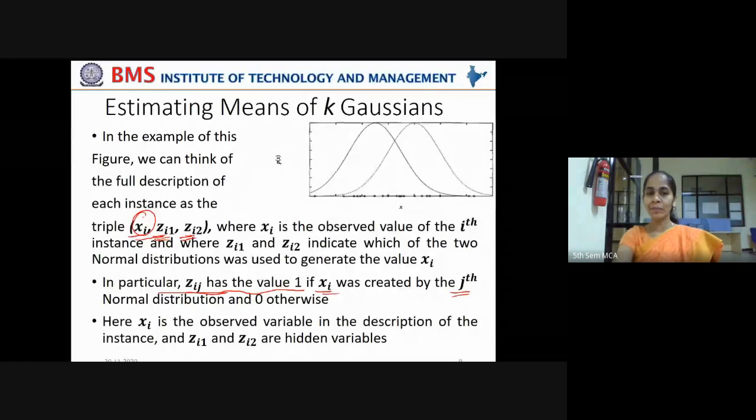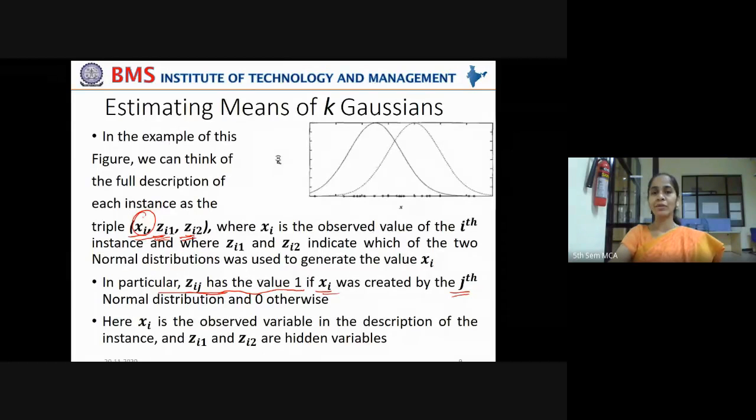zij has the value 1 if xi was created by the jth normal distribution. See, it is clear now. In particular, zi1, if you are considering it, has the value 1 if xi was created by the first distribution. Otherwise, if xi is created from the second distribution, then zi2 will have the value 1.